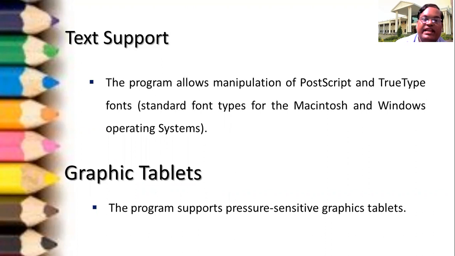When you write on your graphic tablet, it displays on the screen what you are drawing on the tablet. A graphic tablet is just like a pad, and you are drawing onto that pad, and the same thing is reflected in your graphical program. Pressure-sensitive graphic tablets are basically used to draw freehand drawings.